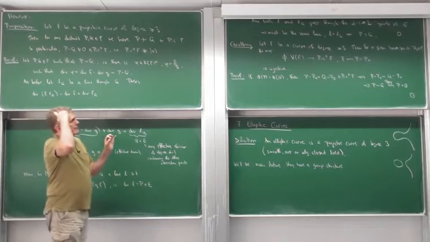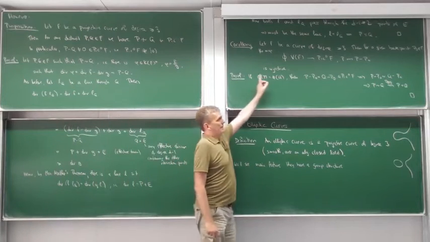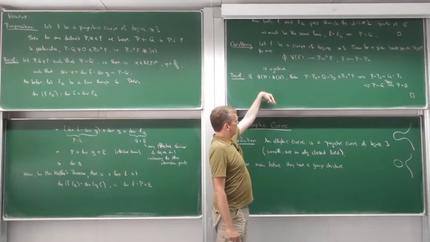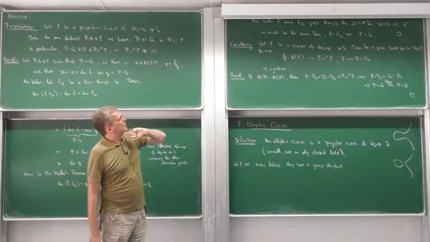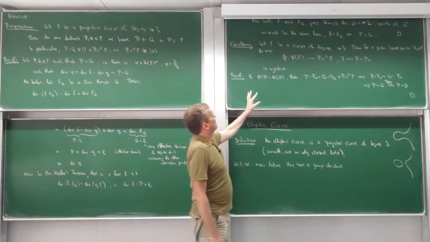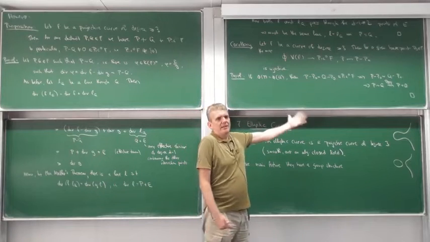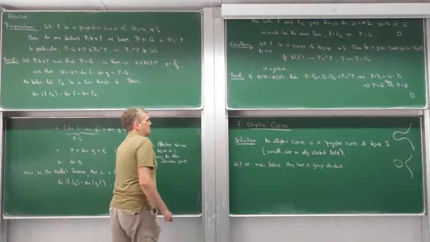The reason is that this map phi, in the case of elliptic curves, is actually a bijection. So we can identify the points of the curve with the Picard group, and that is a group. That will give us a group structure.